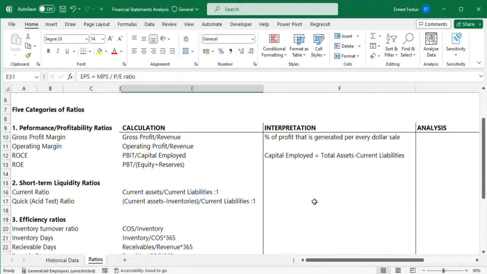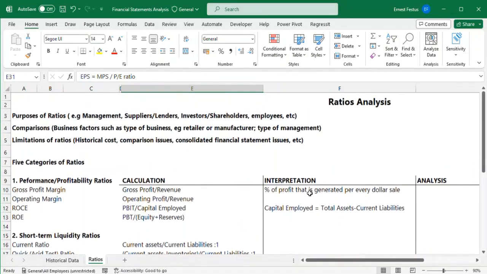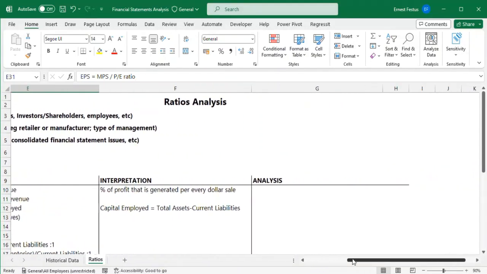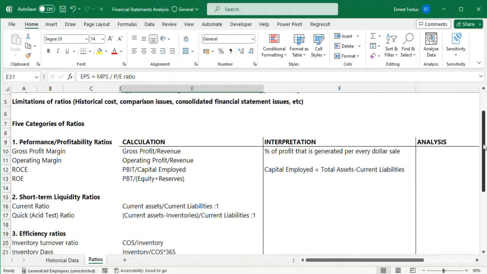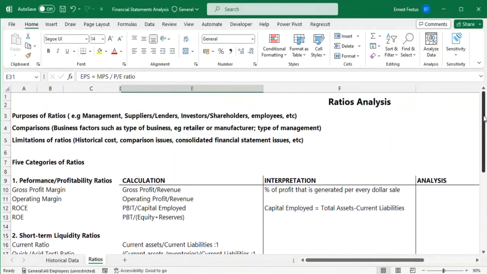Alright, so that is it for this video. In our next video, we are coming to look at how to actually use these ratios to analyze financial statements. So this has been a very long video. Financial statement analysis is a very key aspect of business analysis, because everything we do in finance, in accounting, is geared towards interpretation, and then using that interpretation to make decisions.